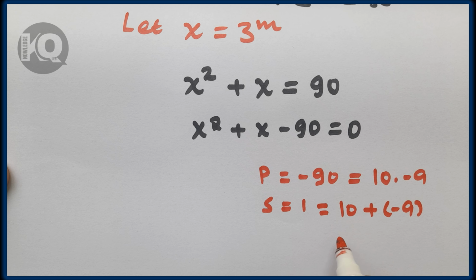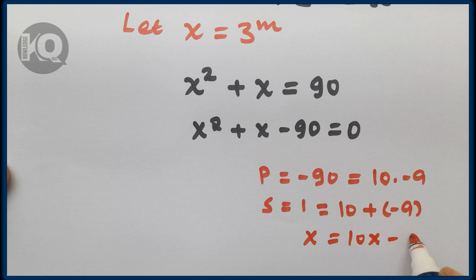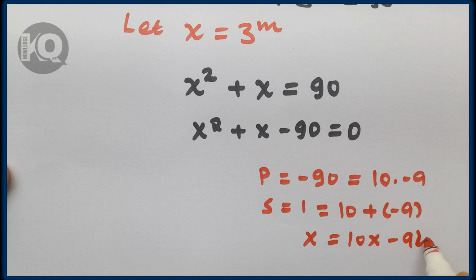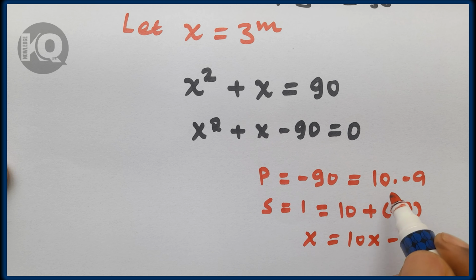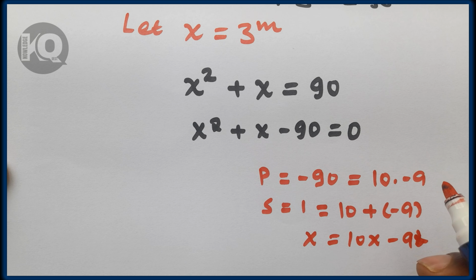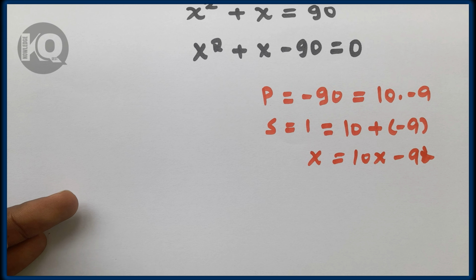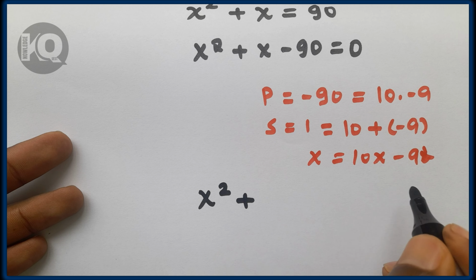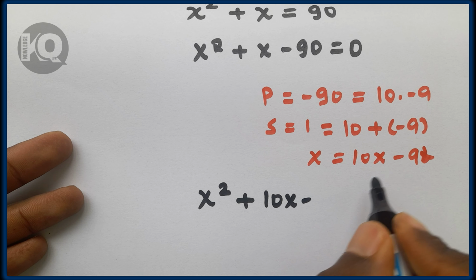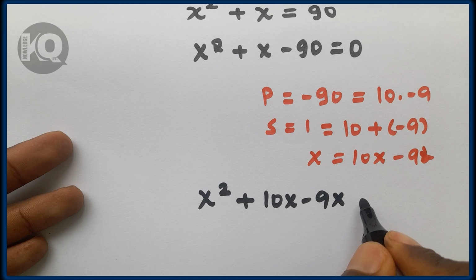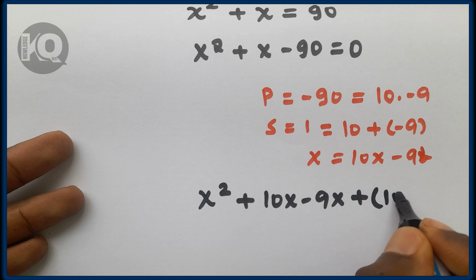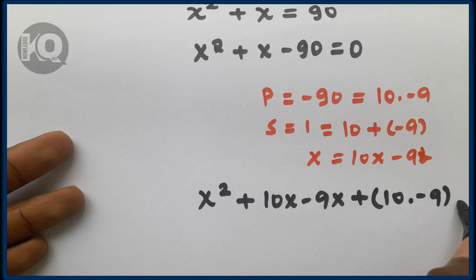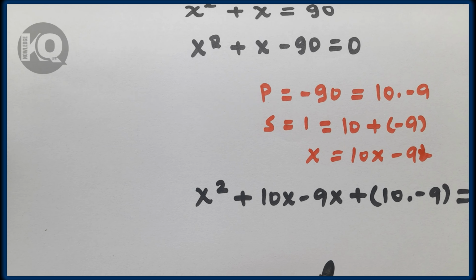So x will be 10x minus 9x, and also this minus 90 will be 10 times minus 9. So the equation will be x squared plus 10x minus 9x plus 10 times minus 9, which is equal to 0.